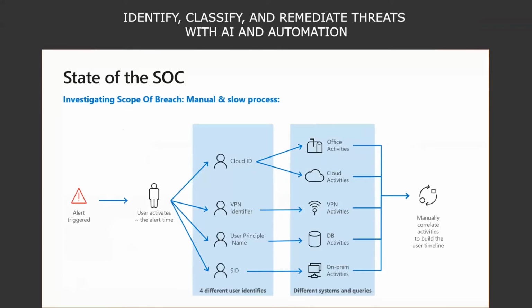A single user identity can present itself in different ways based on the tools that run the detection, whether the tool is in the cloud or on-premises. Correlating all of these different identities, which happen to be the same user, mostly requires manual correlation activities. And that's just one of the challenges facing SecOps teams.